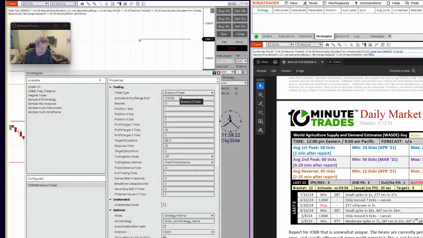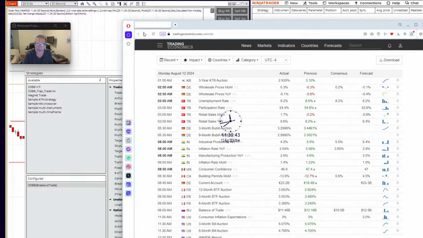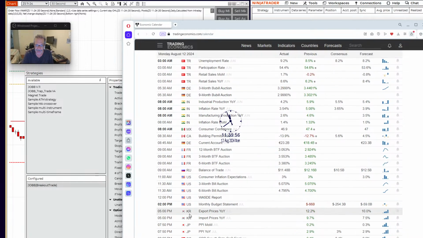There's another calendar that I've been using that is good for grains. And I've showed it to everybody before. Let me pull it up. It's a good calendar. It's a calendar we had never used before. Trading Economics. What I like about this calendar is it has an interesting way of highlighting what it thinks is important.